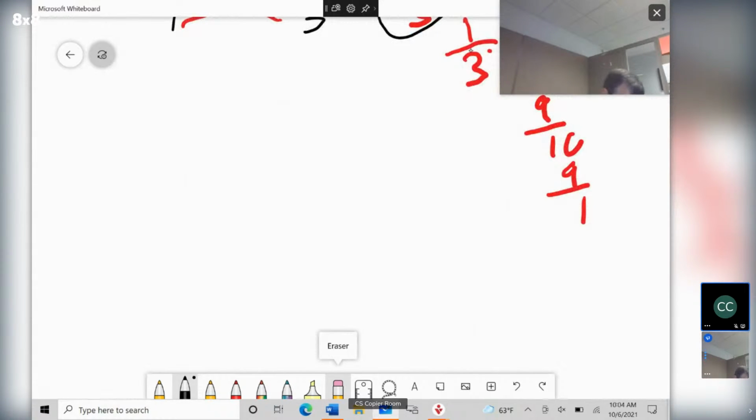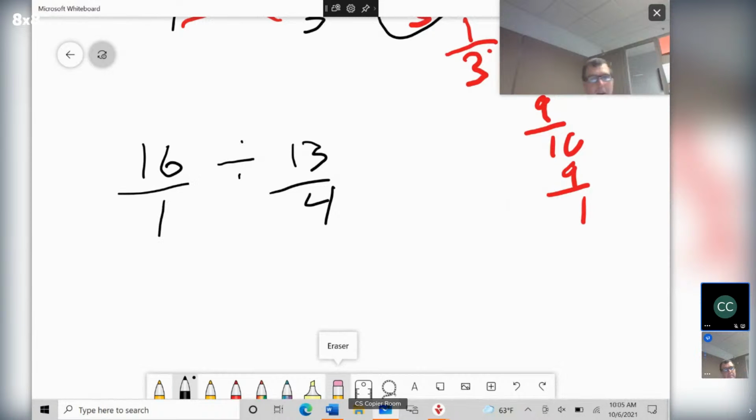Say we have 16 divided by 13 over 4. You're going to look and say this 16 is a whole number, but I can make it a fraction just by putting it over 1.